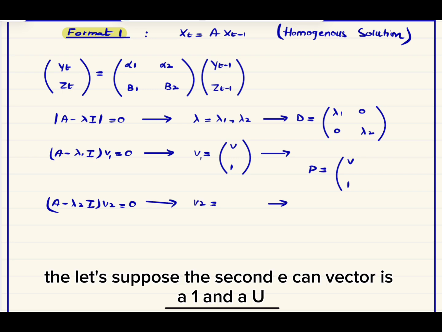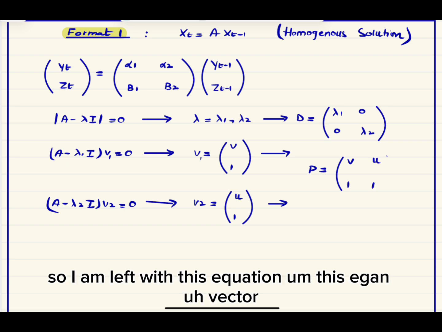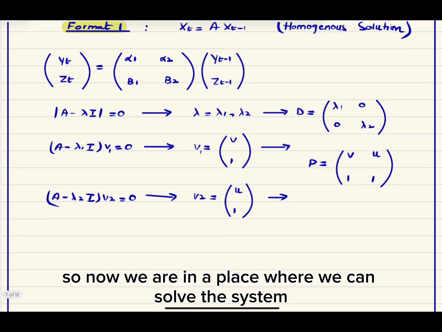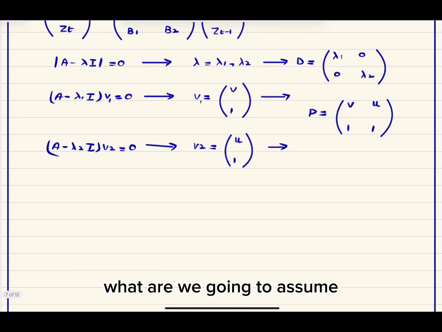Let's suppose the second eigenvector is (1, u), because I just wanted to avoid fractions. So now we are in a place where we can solve the system because we have everything we needed.